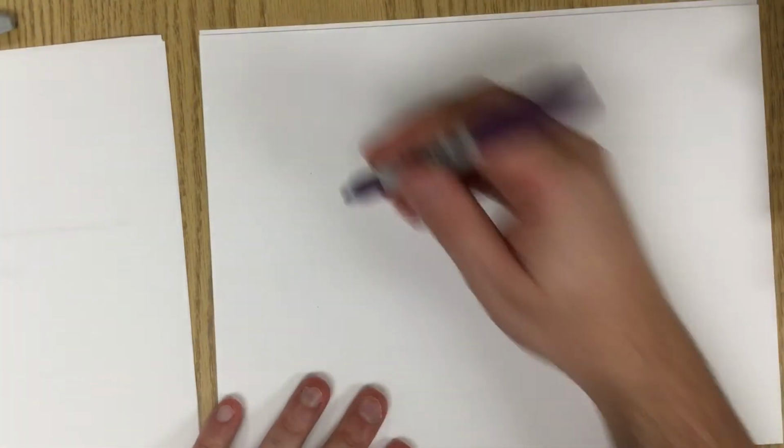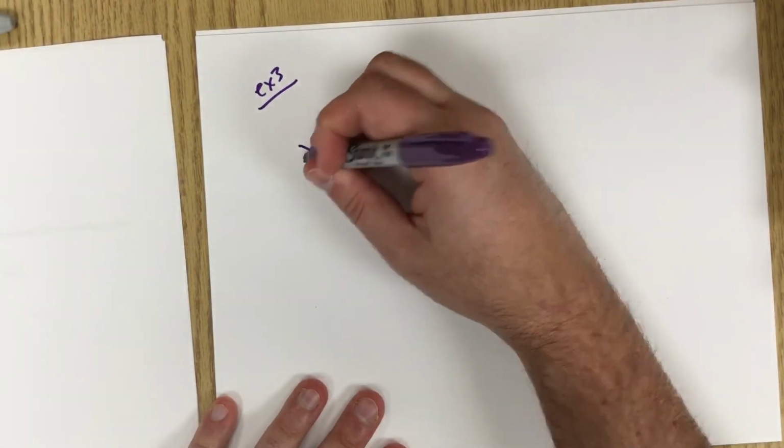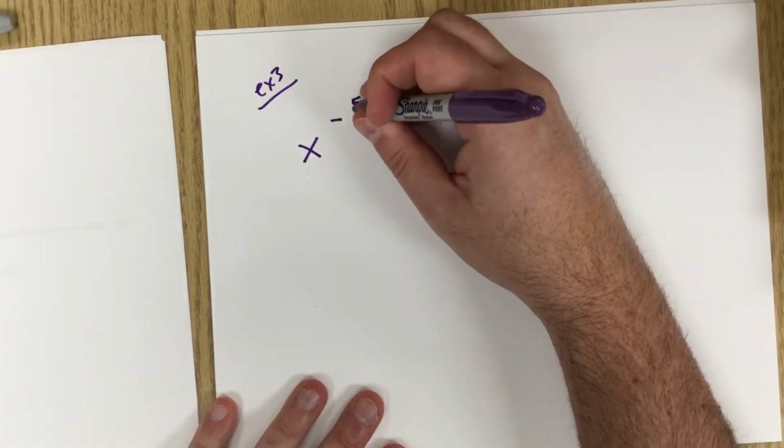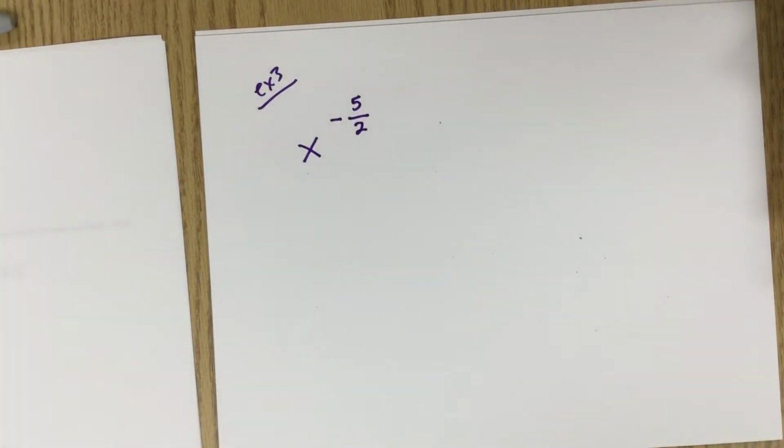We can mix and match those with negative numbers as well. So for example, let's say we had x to the negative 5 over 2. So how do we go about doing that?